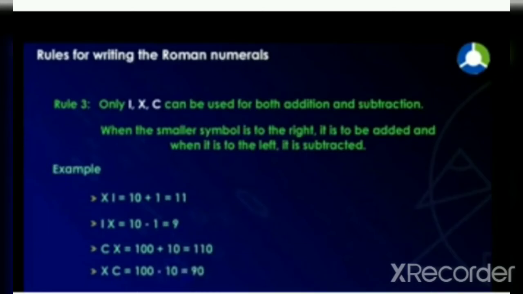On the other hand, for Hindu Arabic numeral 9, we have to subtract 1 from 10. So, it will be IX. Here, I is being subtracted from X. Same goes for the other 2 examples, where CX stands for 110 and XC stands for 90.